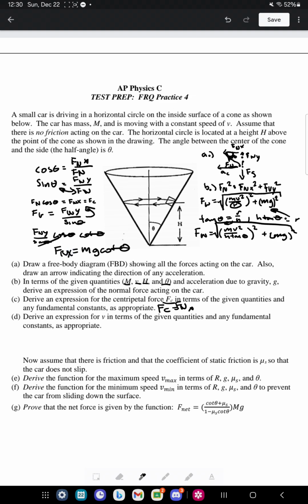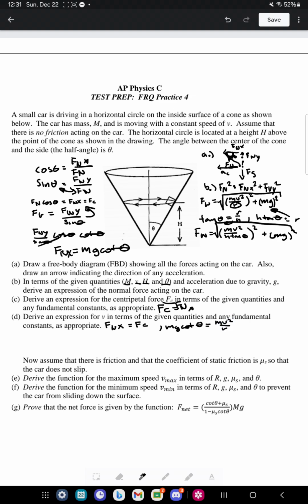The next part is derive an expression for v, and I want to use my F_n,x function that we just derived for this, because F_n,x goes to F_c. mg cotangent theta equals mv squared over r.